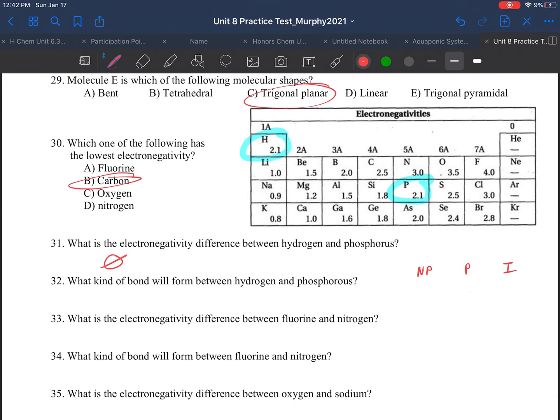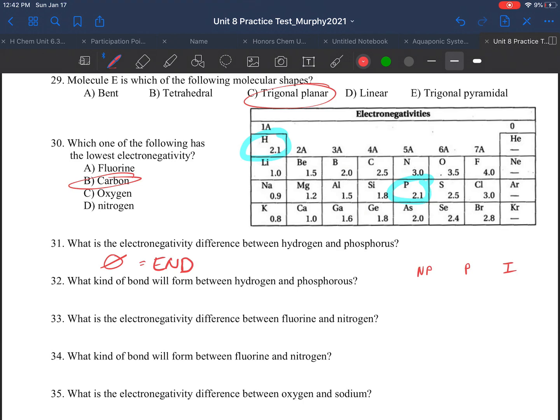What kind of bond will form between hydrogen and phosphorus? In our case, if they have the same electronegativity, then the difference is going to be 0. Remember, this is the same thing as our END.